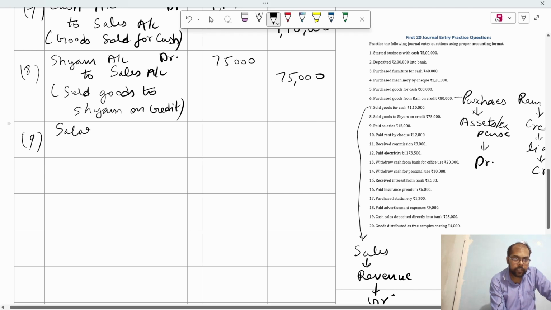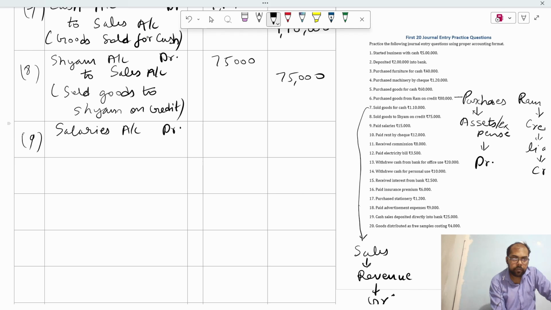See, salaries is an expense, therefore it is debited. And obviously it is paid for cash, therefore cash is credited. What is the amount? 15,000.